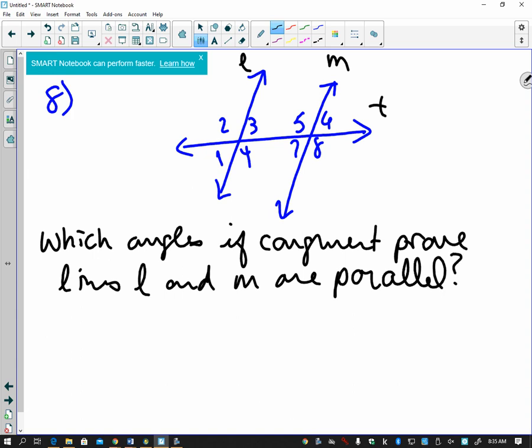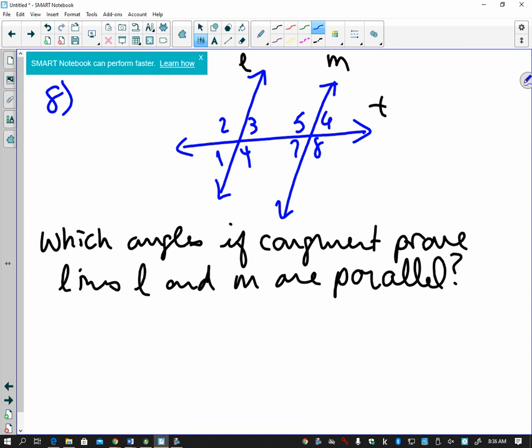Which pairs of angles, if they are congruent, prove that lines L and M are parallel? They're going to give you a bunch of different pairs.